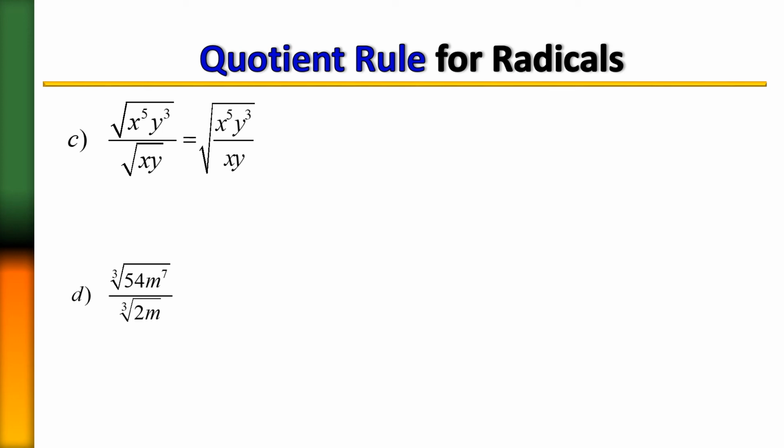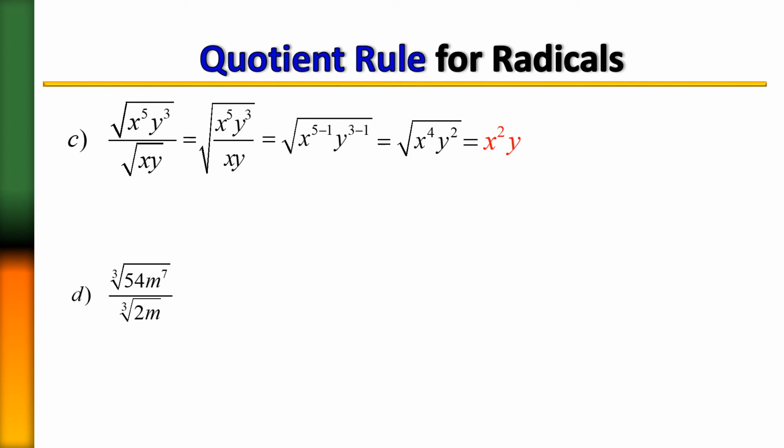For my y's, I'm going to have 3 take away 1. Go ahead and simplify that further. That's going to give you x to the 4th power, y squared. And then now finding the square root of that. The square root of x to the 4th power is x squared. The square root of y squared is y, which leaves me with an answer of x squared y.